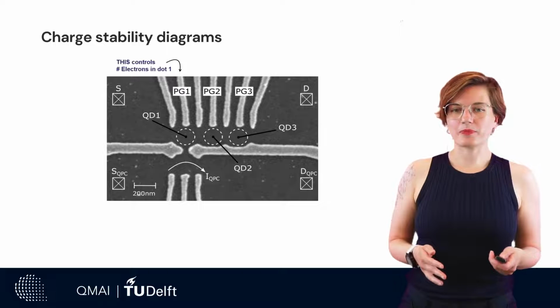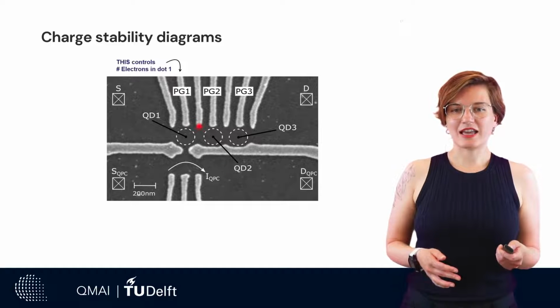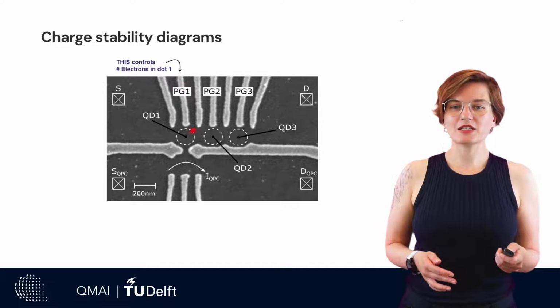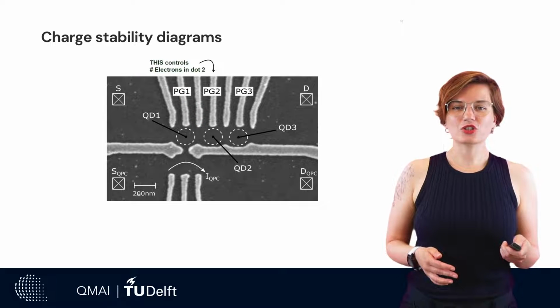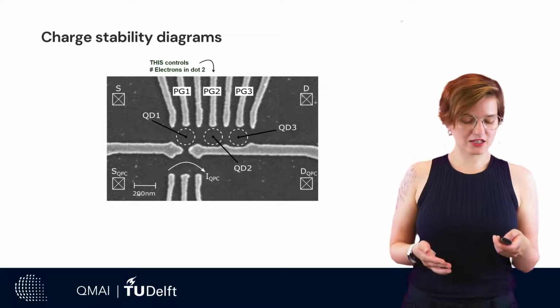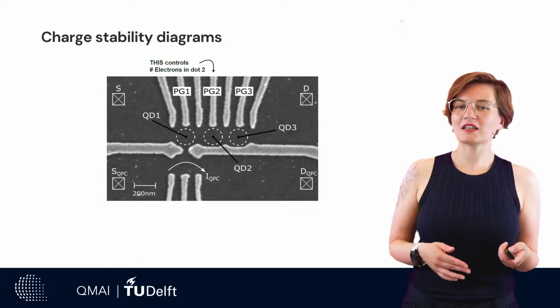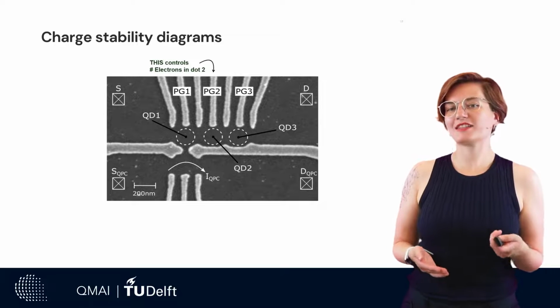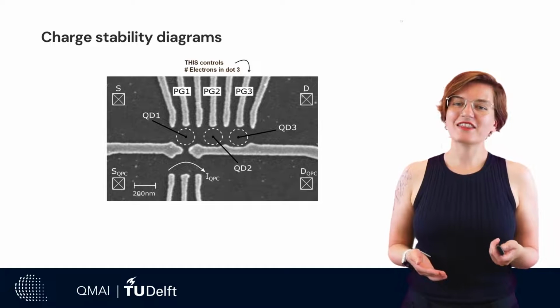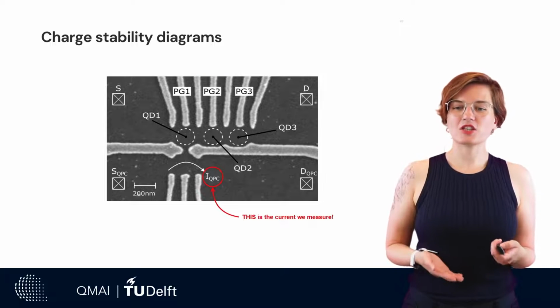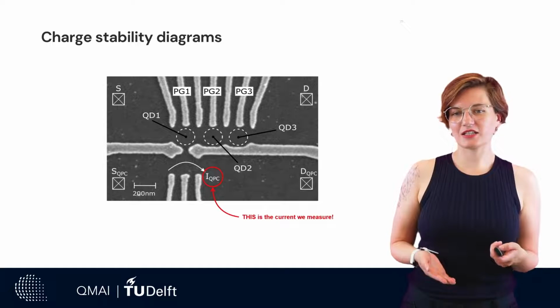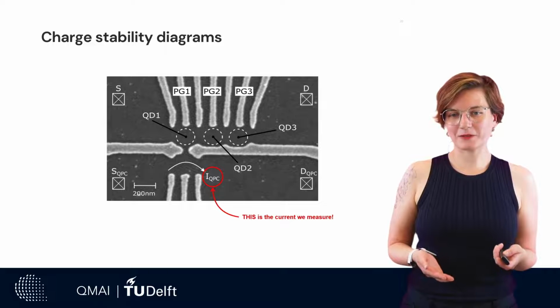For our purposes, only some of the gates are important, and those are the so-called plunger gates. This first one controls what happens in dot number 1. The second one controls what happens in dot number 2. And the third one controls what happens in dot number 3. And then we have this QPC current that we have access to through a measurement.